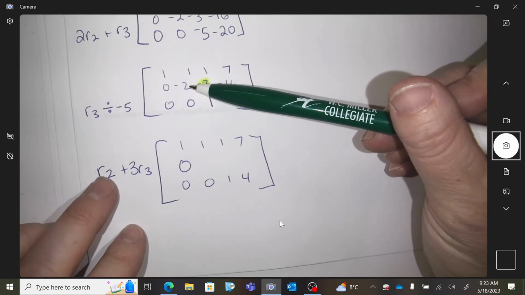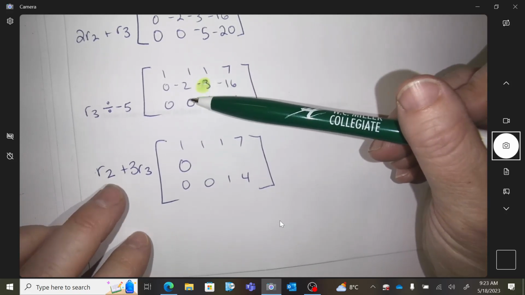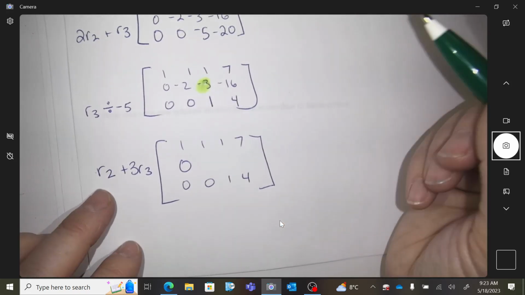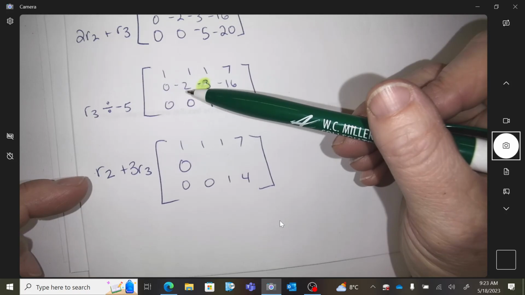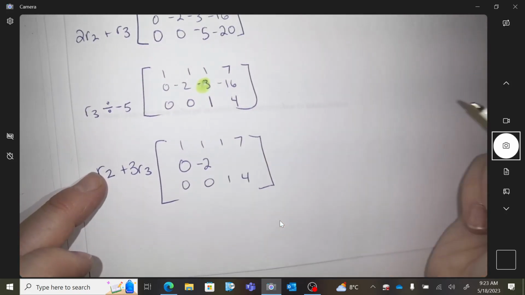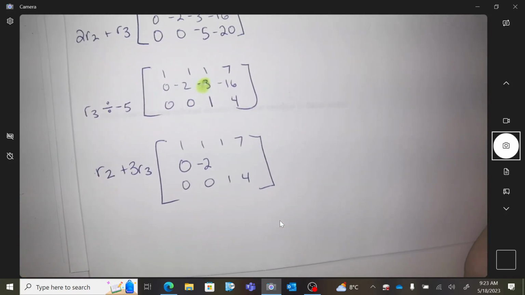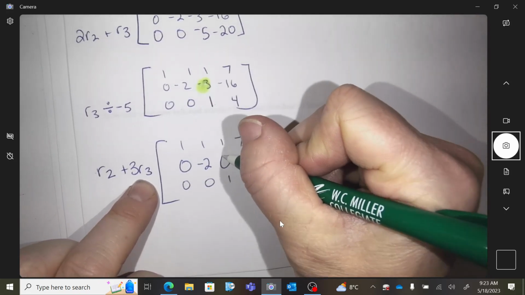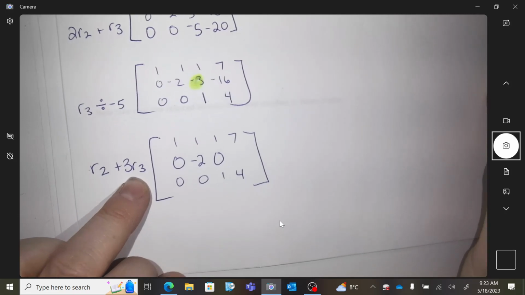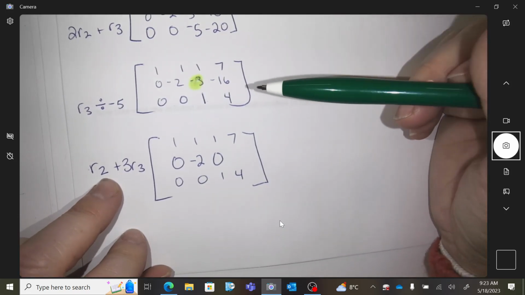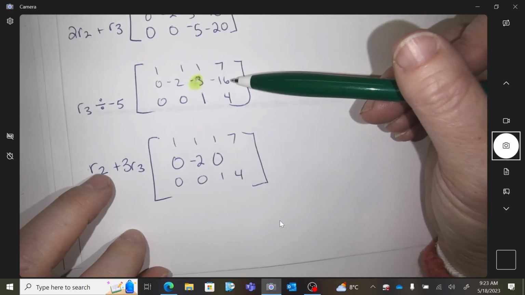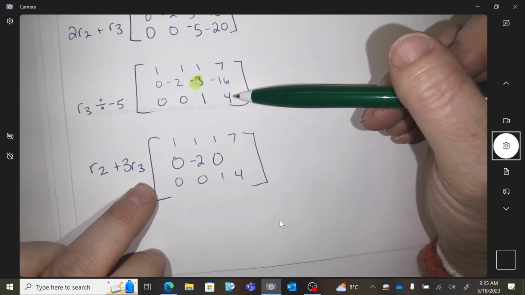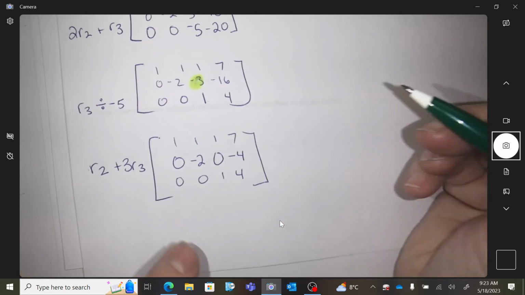Okay, so 2 of those, so negative 4 plus 0. No, what am I doing? Not 2 of those. Just that, just negative 2. Sorry. That plus 3 of those, that makes a 0 again. Okay, let's see here. Negative 16 plus 12 is negative 4.